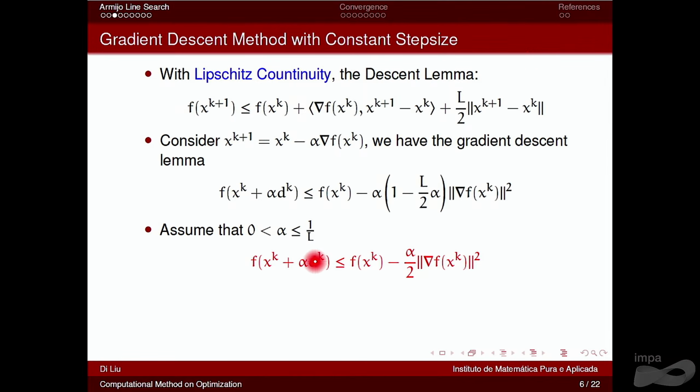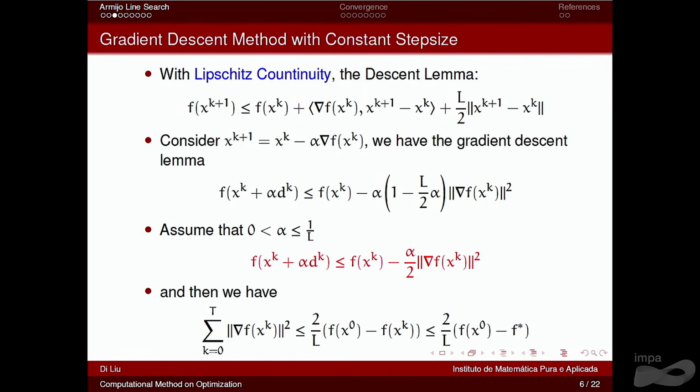First, this means the function value of your next point, xk plus 1, is strictly less than at the current point. And even more, you have an upper bound on the decrease of your function value.